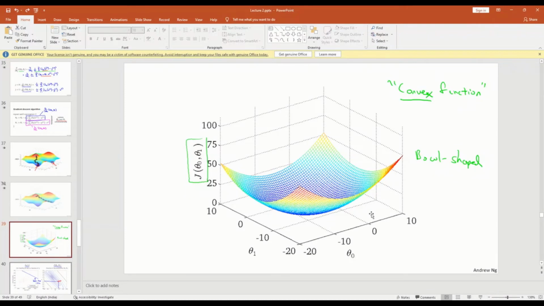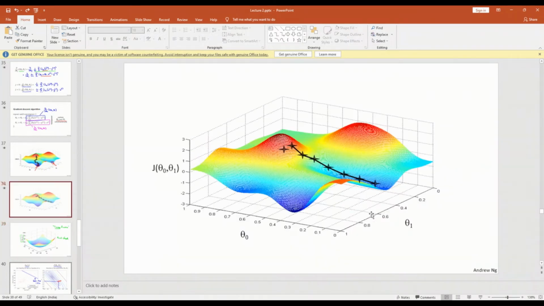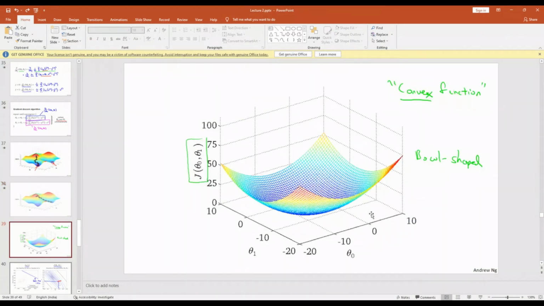Our linear regression, especially linear regression with one variable, will always be in this shape because our J theta is such that it would not create that kind of difficult graph. Hence there is only one local optima, which is itself the global optima. The local optima and global optima are the same there, so that kind of issue is not faced in linear regression with one variable.